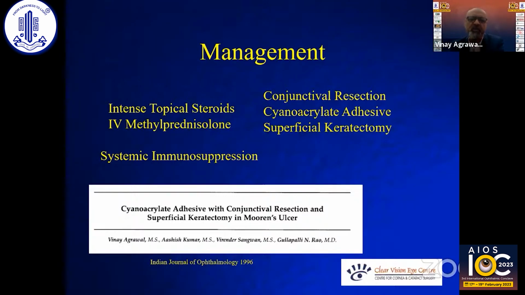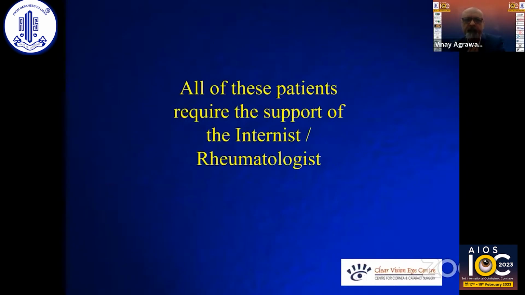It does not work in cases of bilateral Mooren's ulcer. Even in a case of unilateral Mooren's ulcer, what I have seen is that if it is showing any kind of a recurrence, then it is important to bring in systemic immunosuppression because it's evident that the primary treatment has not succeeded in arresting the disease completely.